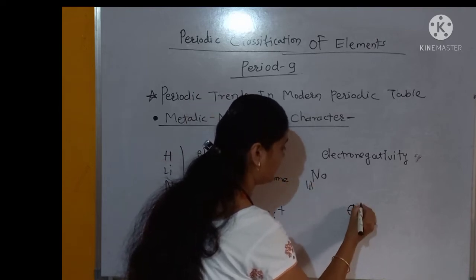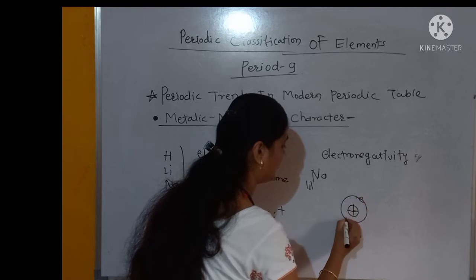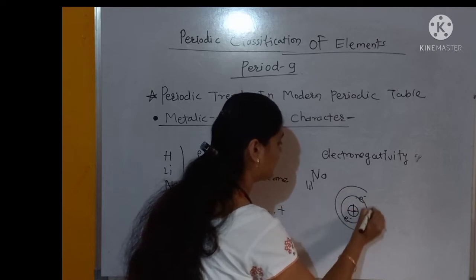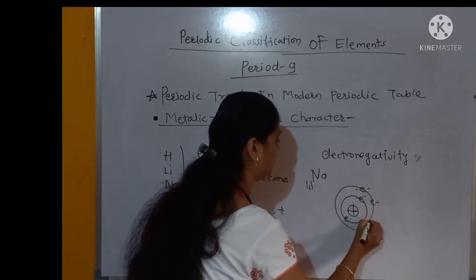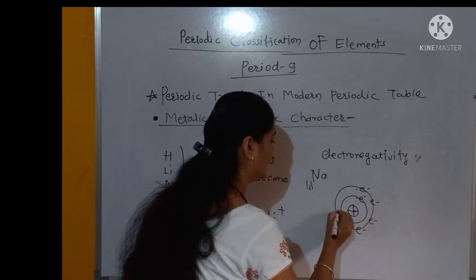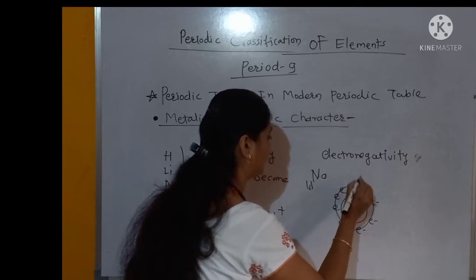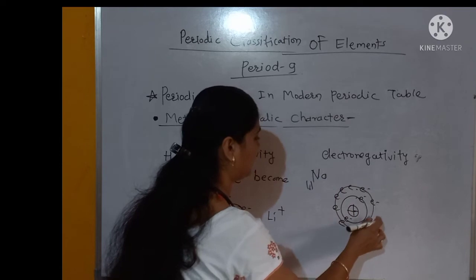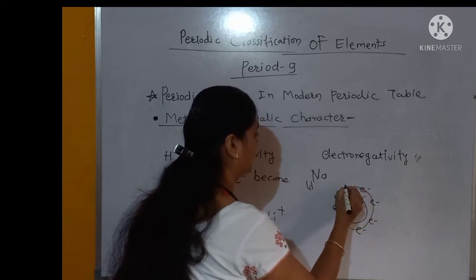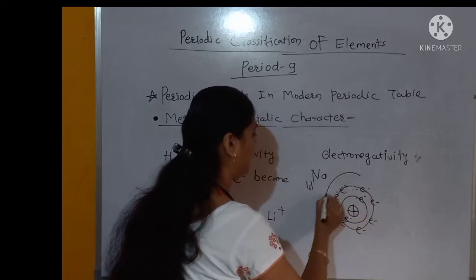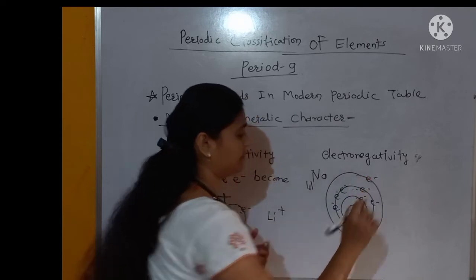This is the nucleus of sodium. The first orbit consists of 2 electrons. The second orbit consists of 8 electrons, and the third orbit also has 8 electrons. In the last orbit one electron is present.